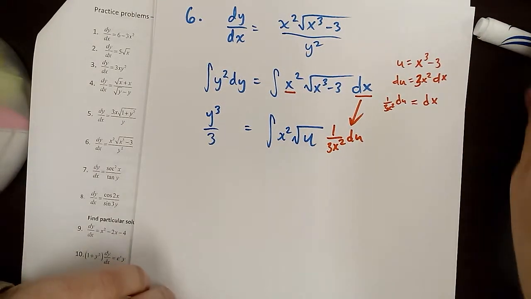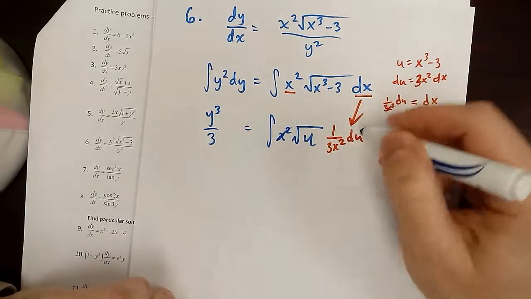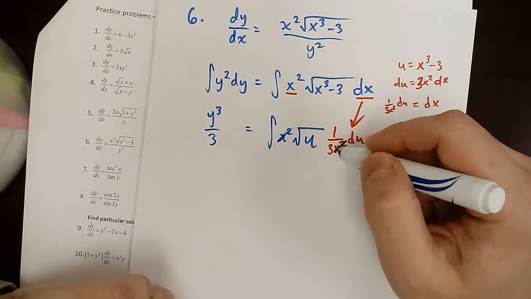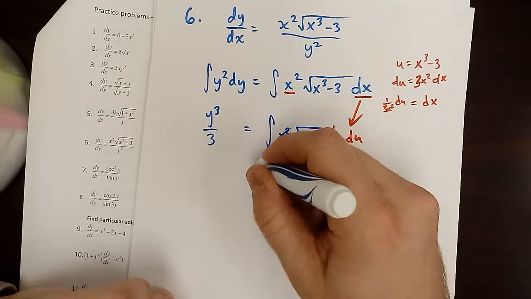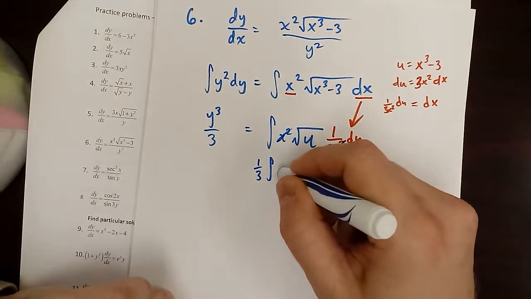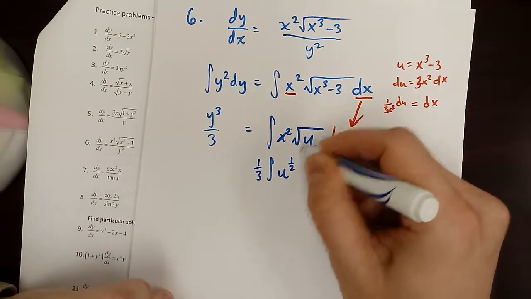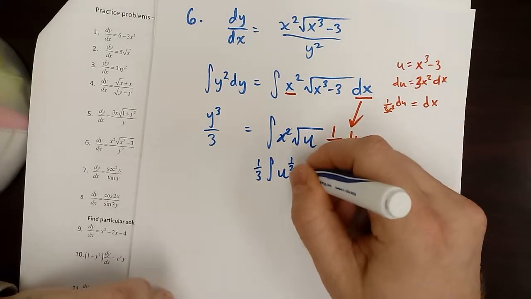With that, the x squareds are going to cancel, and that 1/3 we can bring out front. So this is 1/3 times the integral of u to the 1/2, or square root is just u to the 1/2 du.